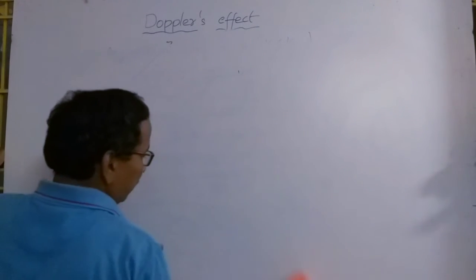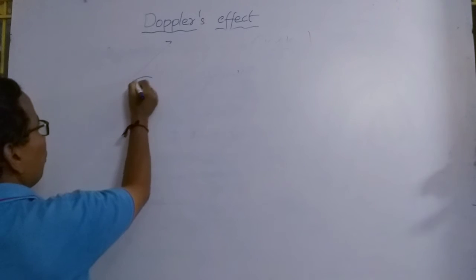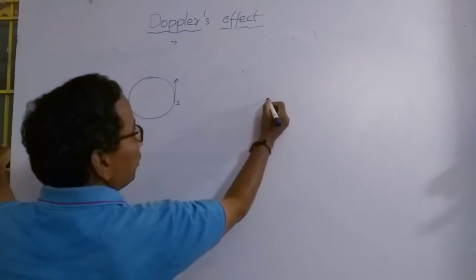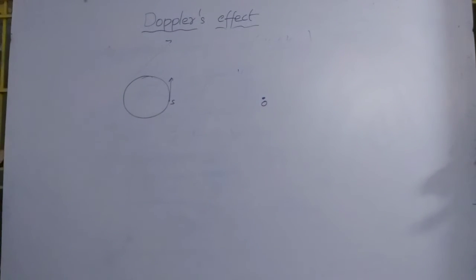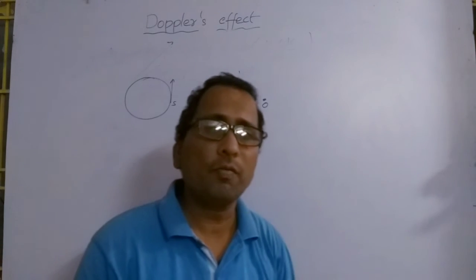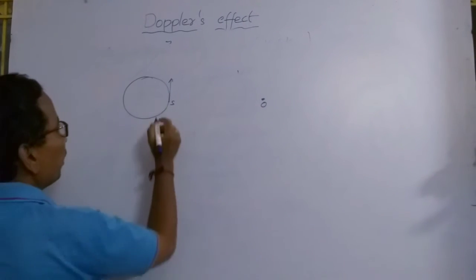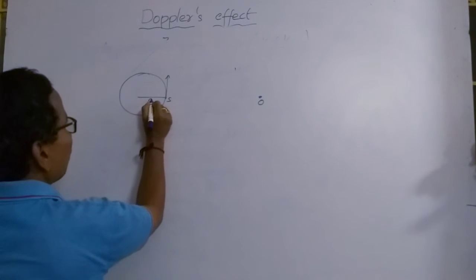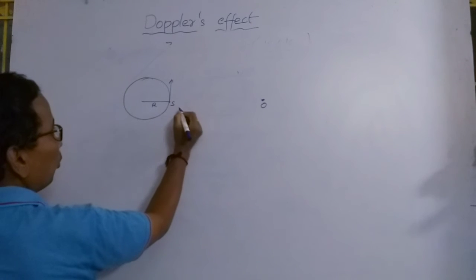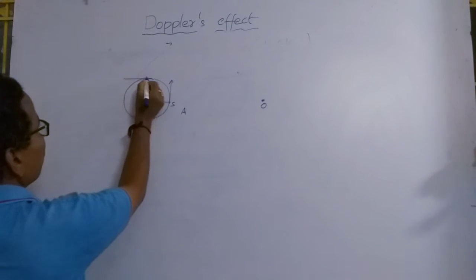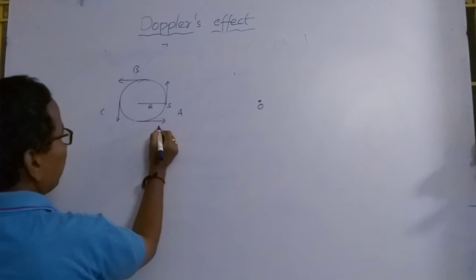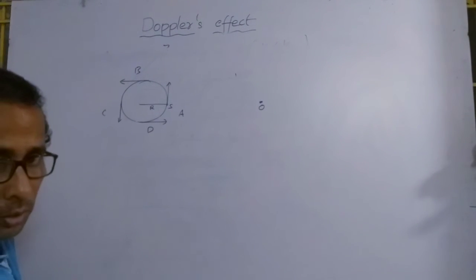Okay. The next case is like this. Suppose a source is moving along a circle, and the observer is here, outside the circle. The source is moving along the circumference of the circle with radius r. In this situation, you have to take four points: this is point A, this one is point B, this one is point C, and this one is point D. In two cases there is no Doppler effect.